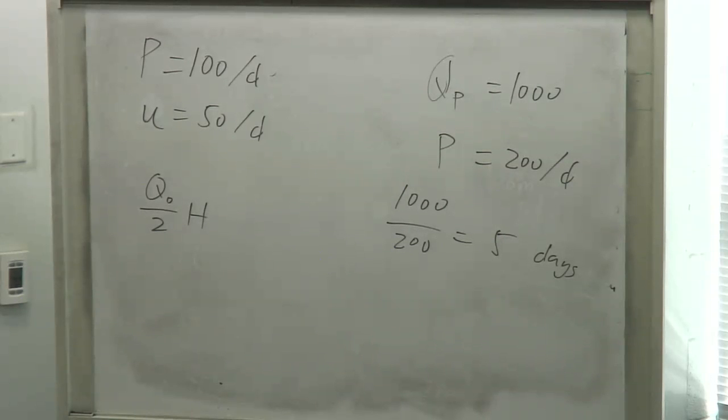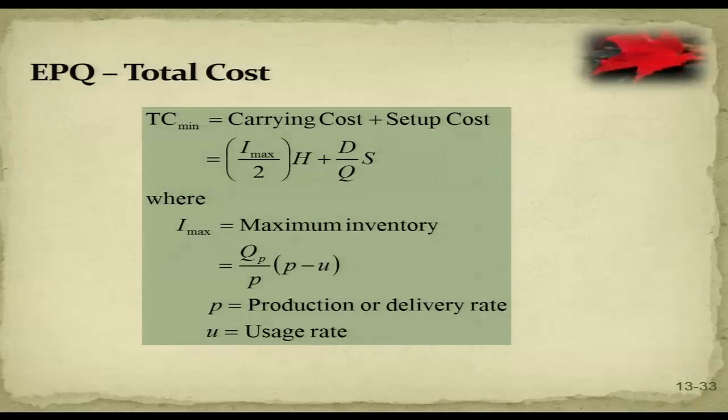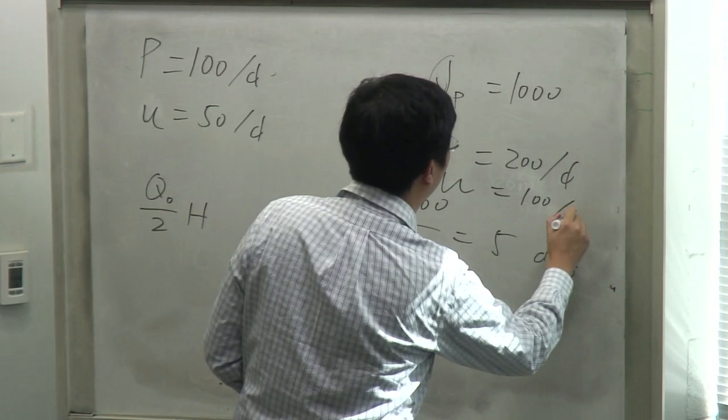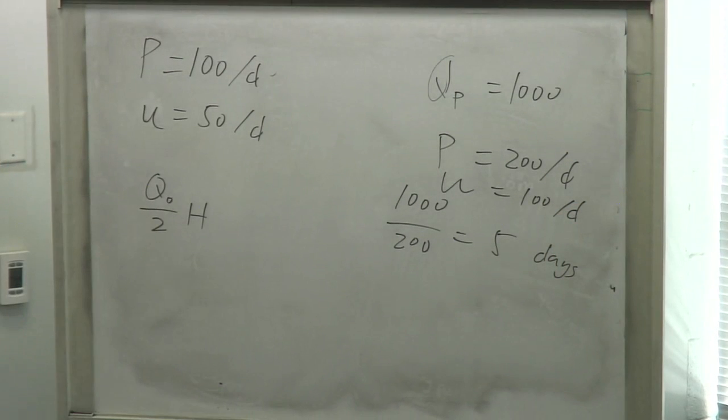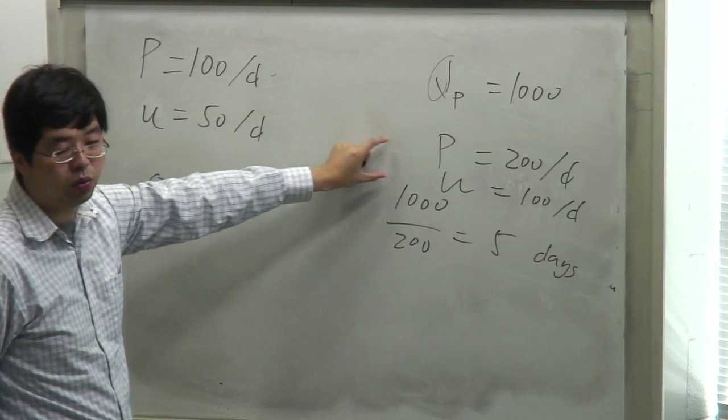And then next we have to calculate the slope at which we accumulate the inventory. If the usage rate is equal to 100 per day, that means every day we accumulate 100 units of inventory, which is P minus U. Then the question is, what is the maximum inventory? The maximum inventory is reached at the end of the 5th day, when we stop production, right? So at the end of the 5th day, we have 5 times 100, the difference between P and U, which is 500.